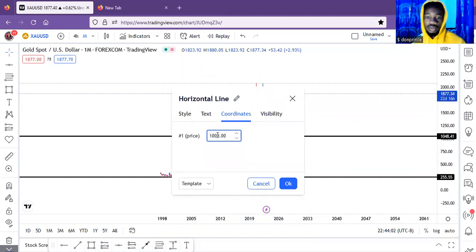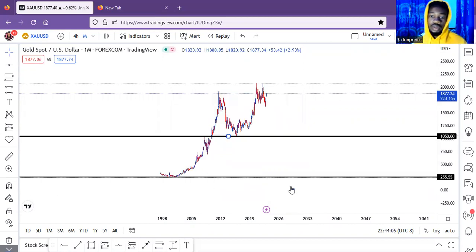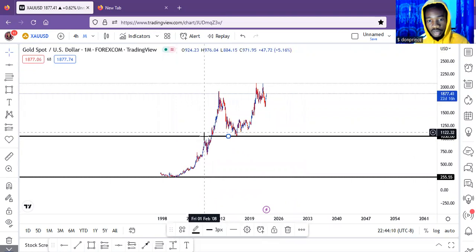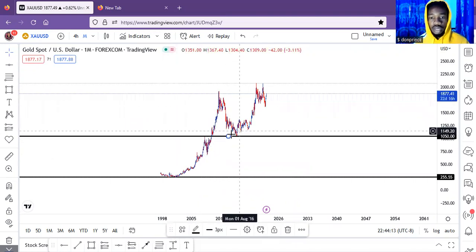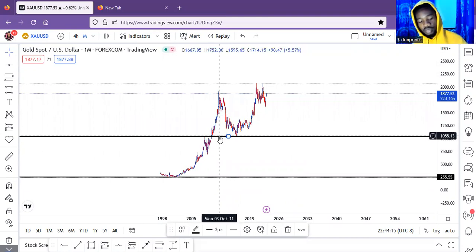Around 1050. This was another place price touched, came back, pushed ahead, came back again and tested it. So it's a psychological level, so to speak.